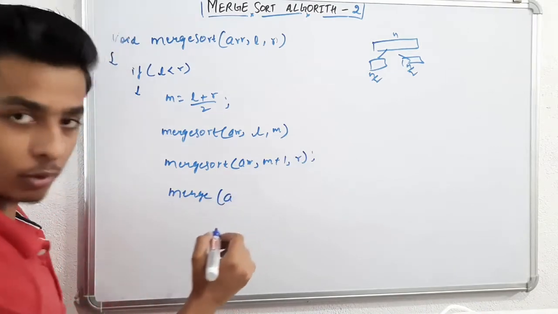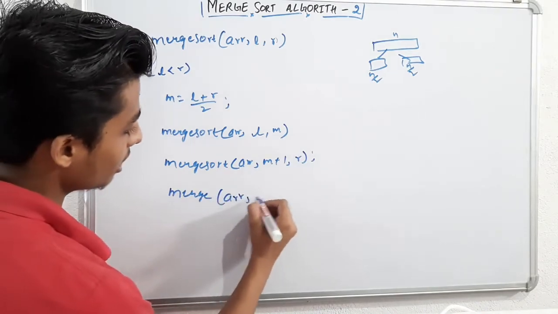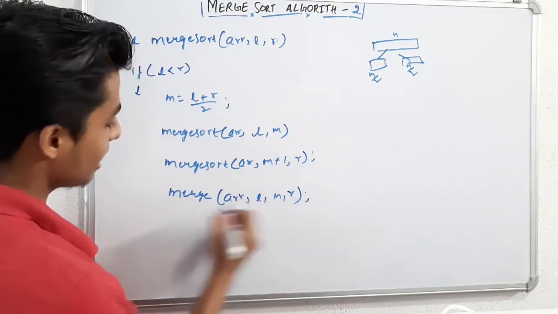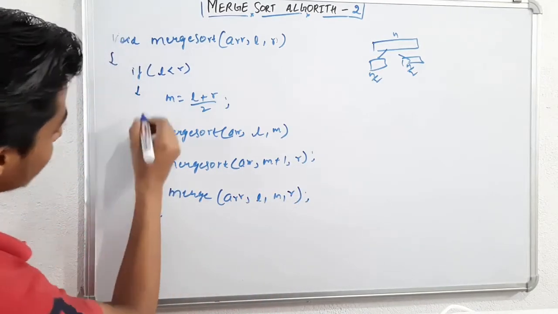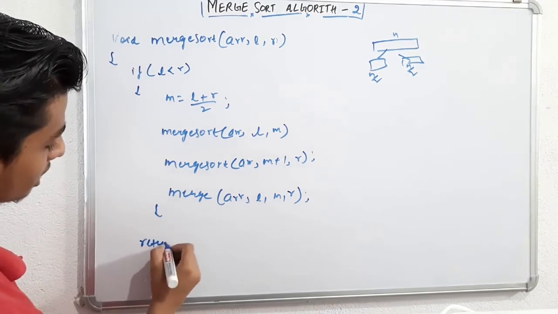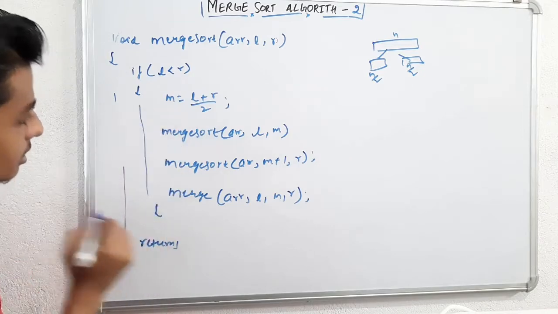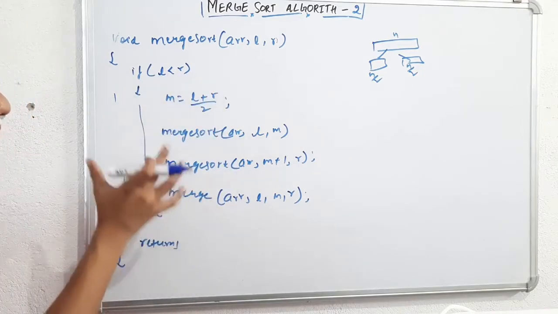So for that I am going to call the merge function. In this I am passing the array, the starting index, the middle index and the last index also. And if this condition is not satisfied, then you just need to return here. Fine. So this is the simple code for the merge sort function.